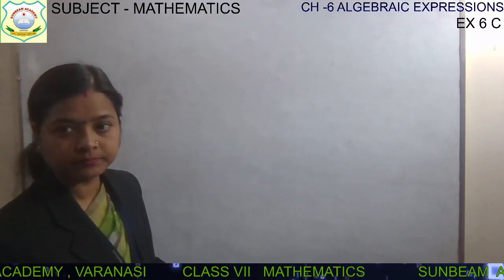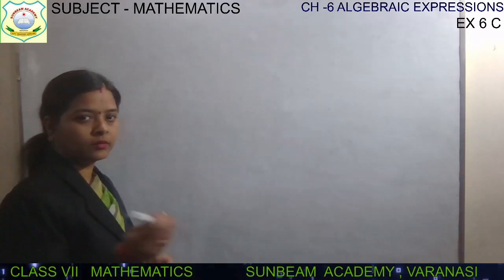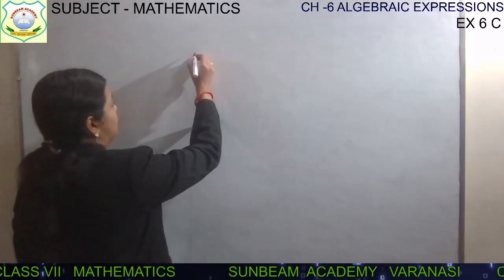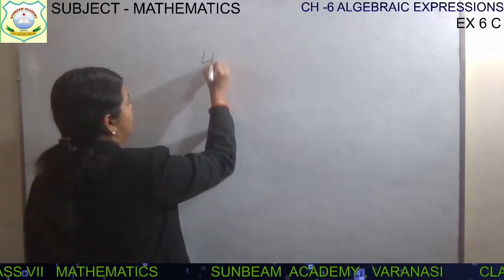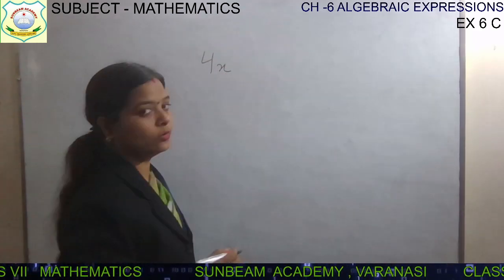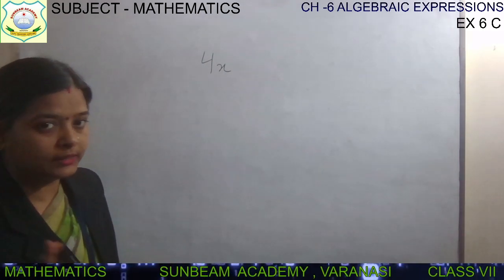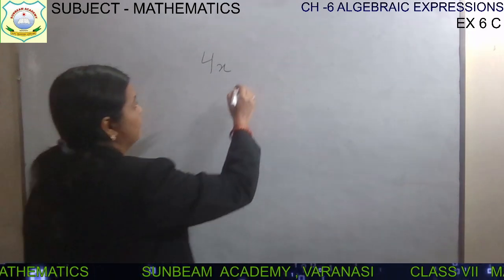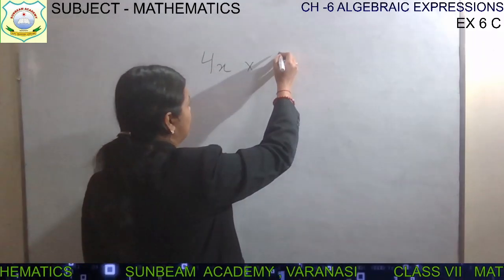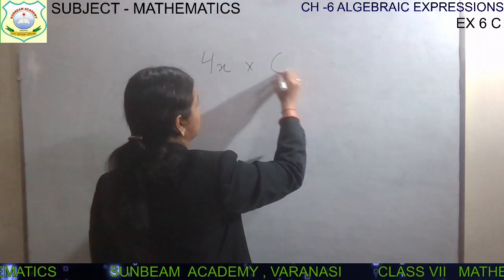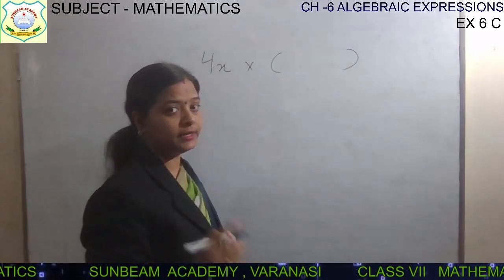Now see, I have taken this one monomial, an expression having one term. Now I have to multiply this with a binomial. Binomial means an expression which contains two terms.